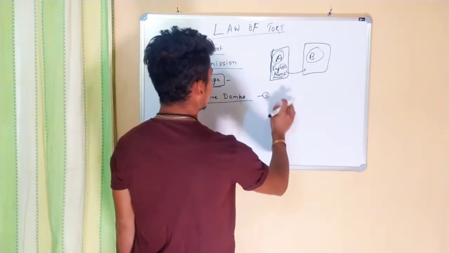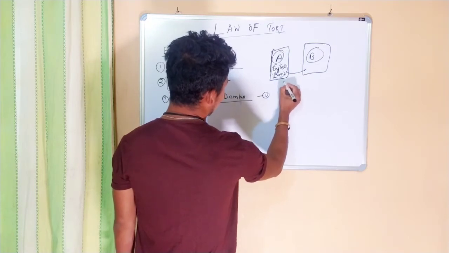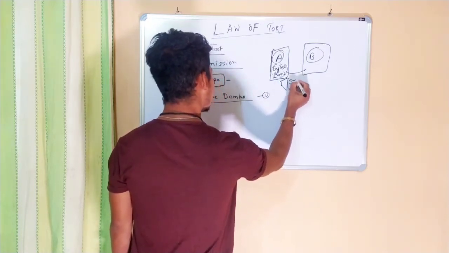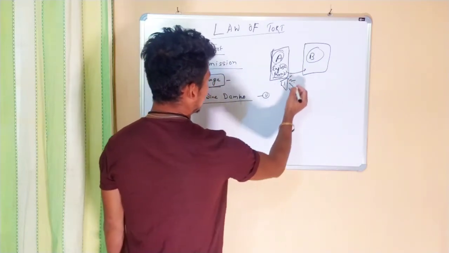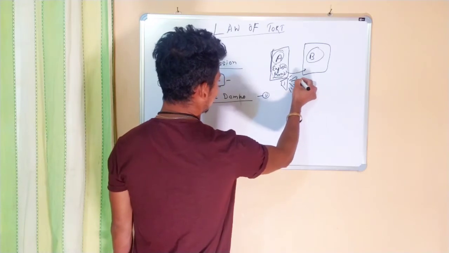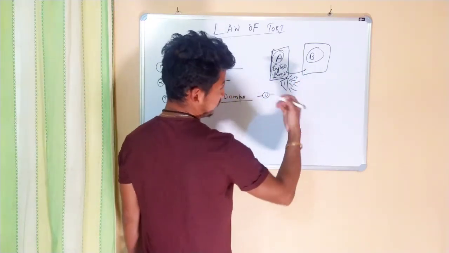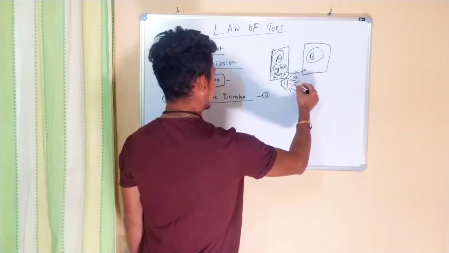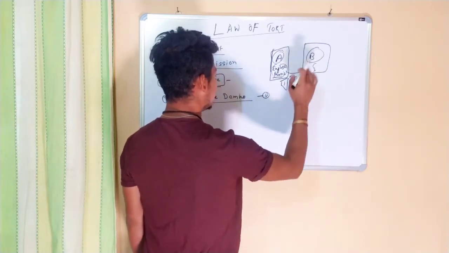But if A would have been playing very loud music, excessively loud music which is not bearable for B, and which is also English music that B does not understand at all, then B's peace is being violated.